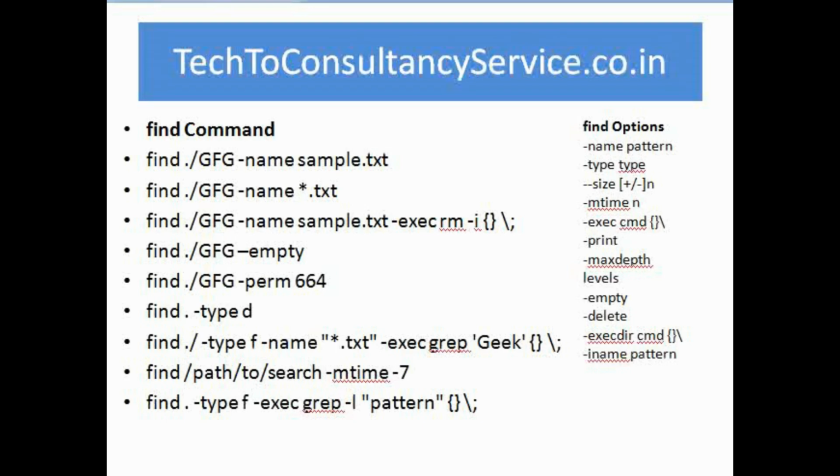Whether you want to find empty files, or read the files, or execute a command directly, or find by name pattern. We will try each option to find out what it does.